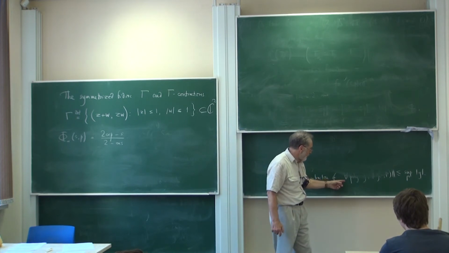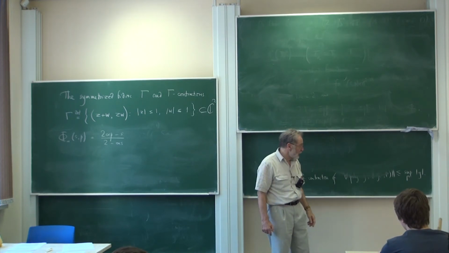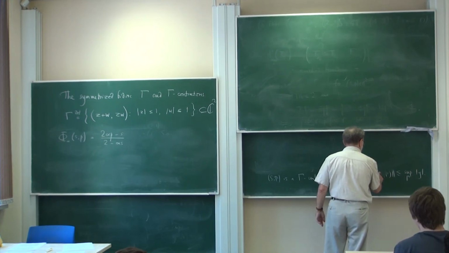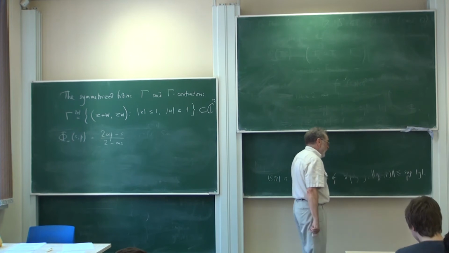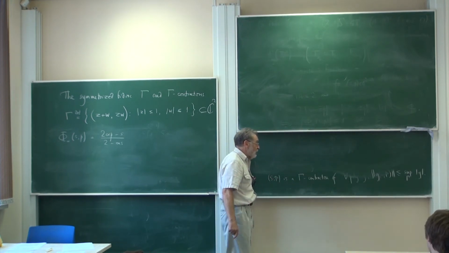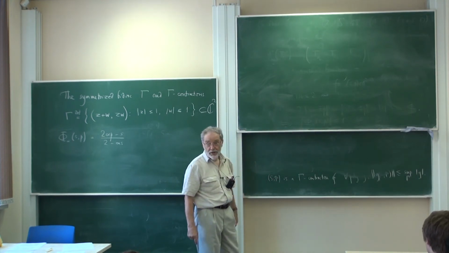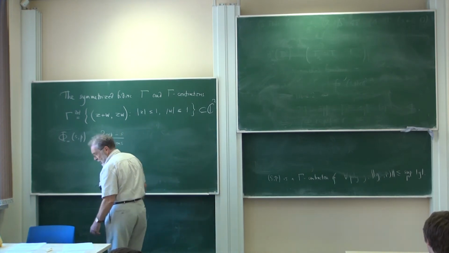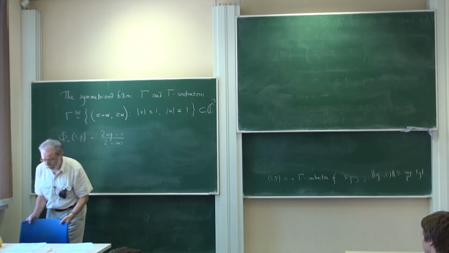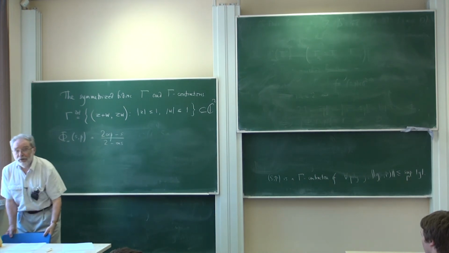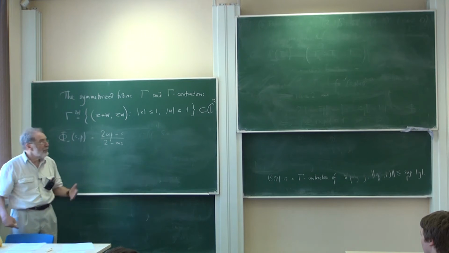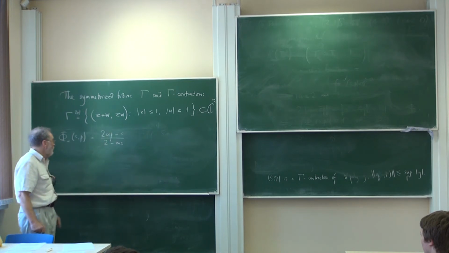And that means that for every polynomial g in two variables, the norm of g applied to this pair is less than or equal to the supremum of the modulus of g on gamma. And now I want to develop some operator theory for gamma contractions, which will be somewhat analogous to familiar operator theory for a single contraction.